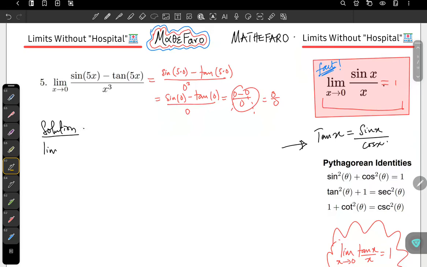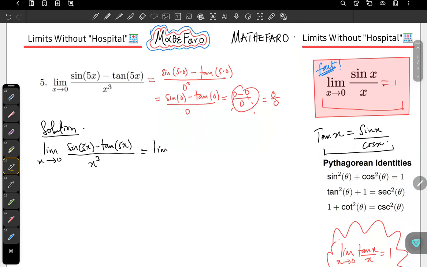The limit as x goes to 0 of sine 5x minus tan 5x all over x cubed is equal to, so we can use this formula here to rewrite tan 5x as sine 5x over cos 5x.